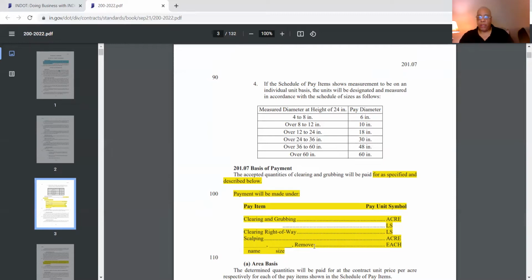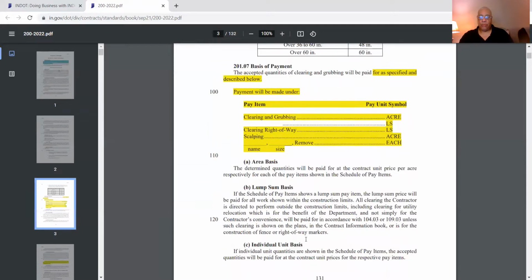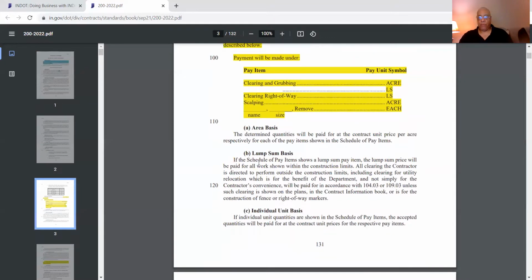When you remove something, it's in each item. Again, those items tell you how the contractor is going to be paid. Again, area basis. The determined quantities will be paid at the contract price per acre, respectively, for each of the pay items shown in the schedule of pay items.